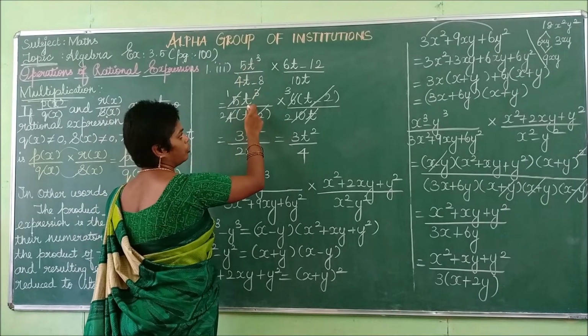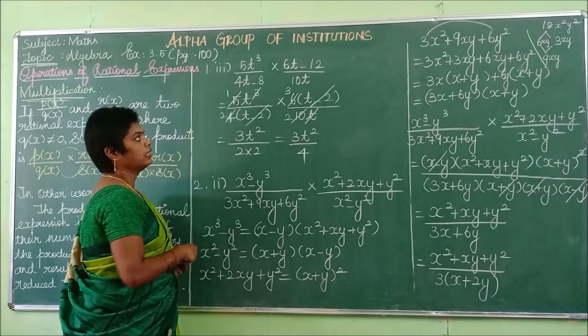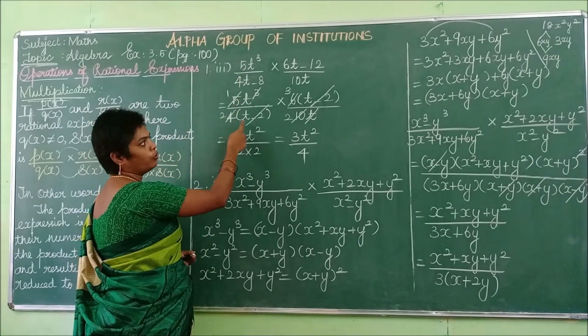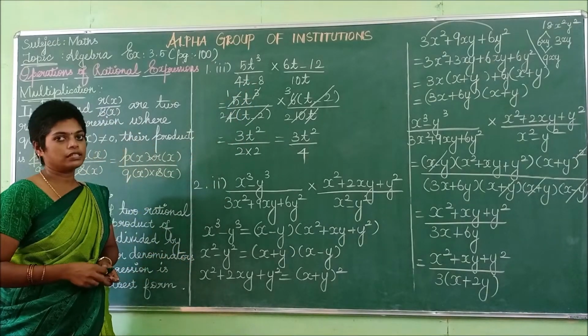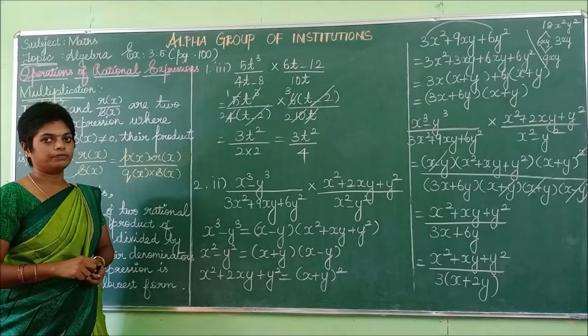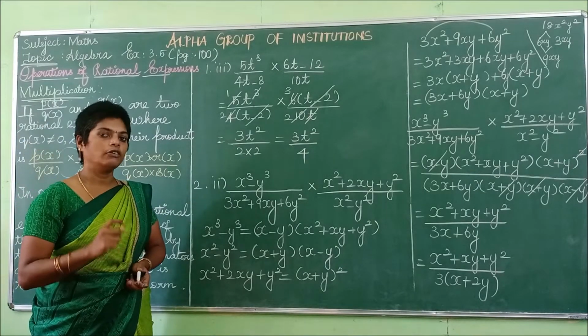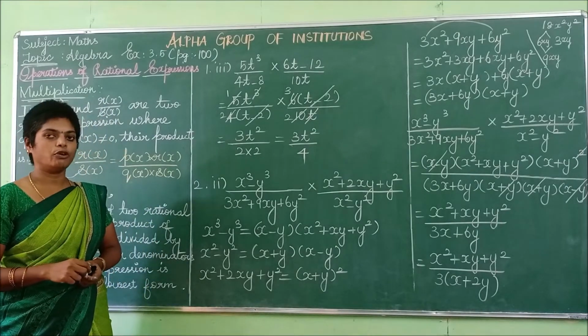Here 5t cube can be written as it is, divided by 4 into... commonly 4 and 8 come in the 4 table, so you can take 4 as common.